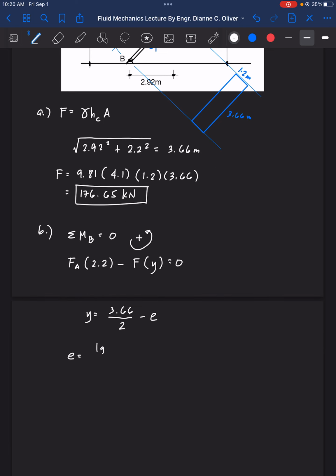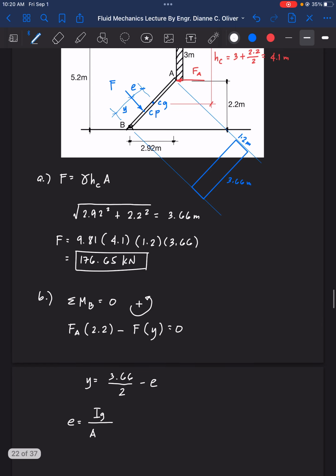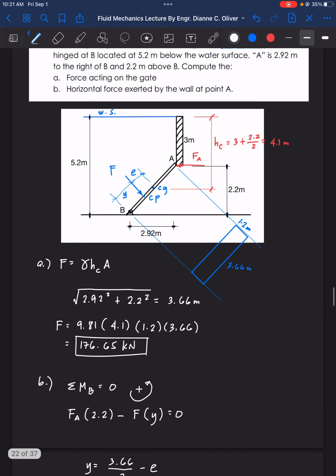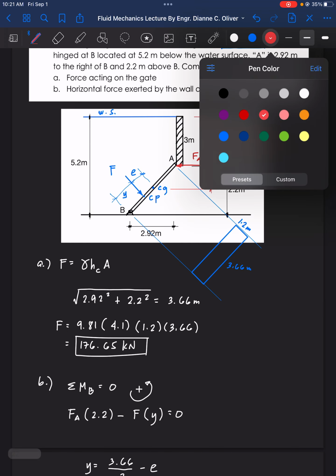E is I sub G all over A YC, since we are dealing with an inclined surface. So this is equal to the base times height raised to 3 divided by 12 all over A YC. Now how do we get the value for YC? So YC is located here.